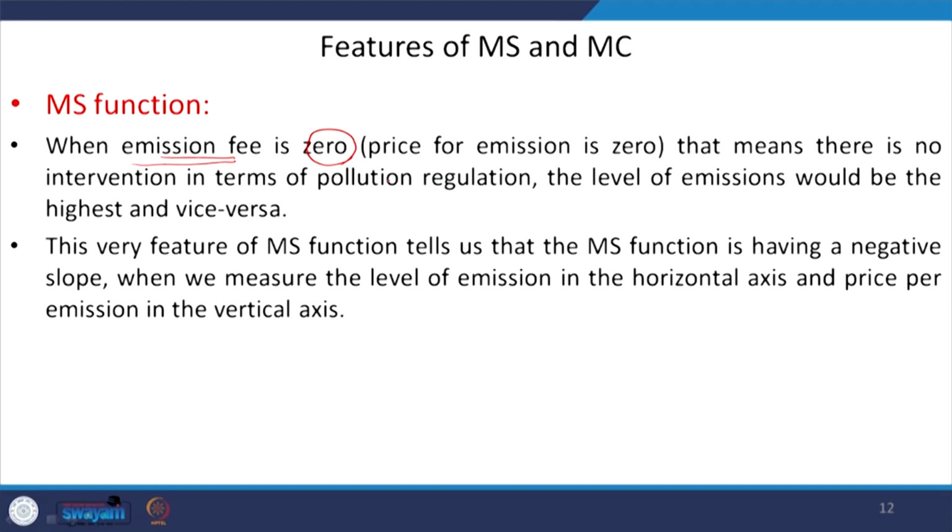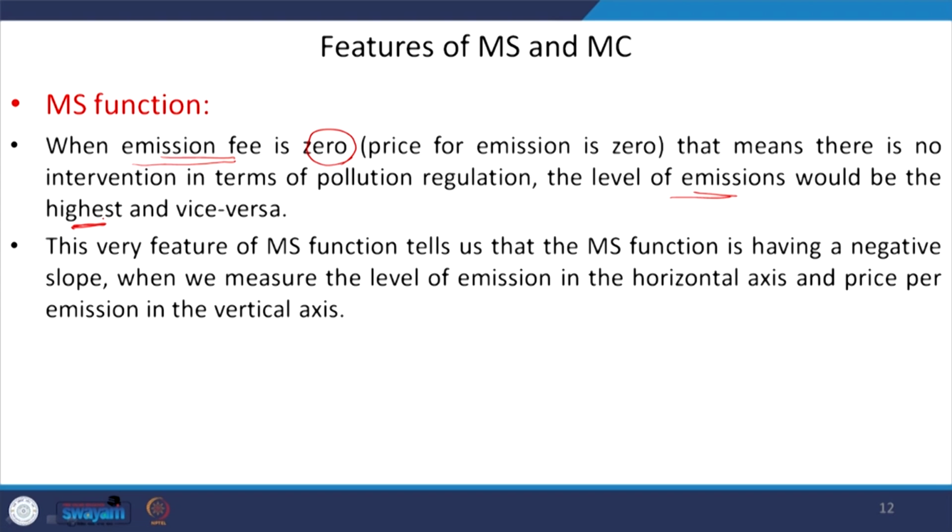So, it means the government or the regulatory authority is not intervening, right. So, as a result, when pollution fee is 0, the government or the regulating authority is not intervening to control the pollution. As a result, the pollution level would be the highest one, right.